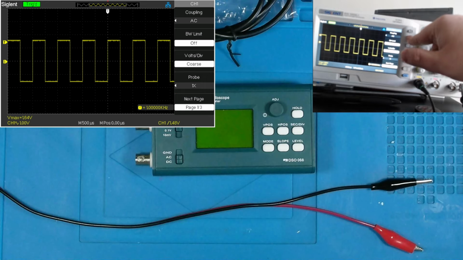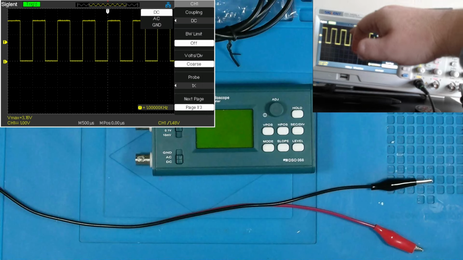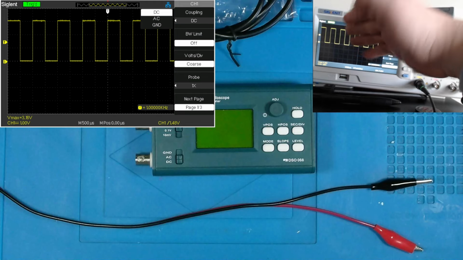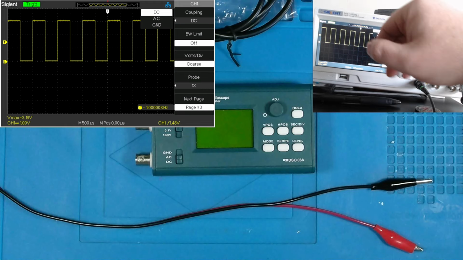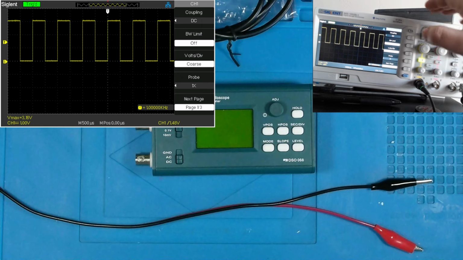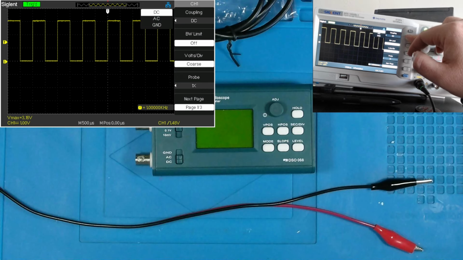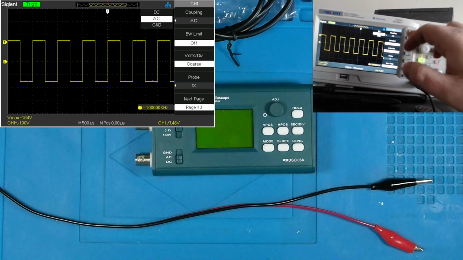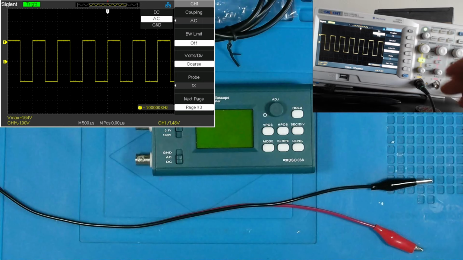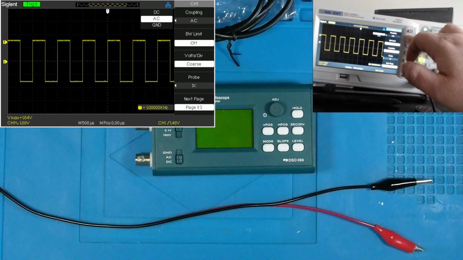However, if I was to couple it to DC, then it's going to shift upwards north of the ground. You traditionally don't do that when you're making audio or waveform measurements. You would traditionally put it to AC instead. But on some occasions, you could just switch it over to DC. You definitely will have an effect.